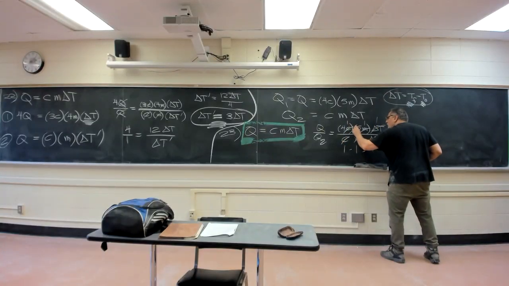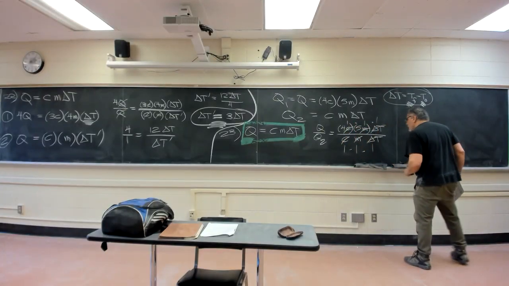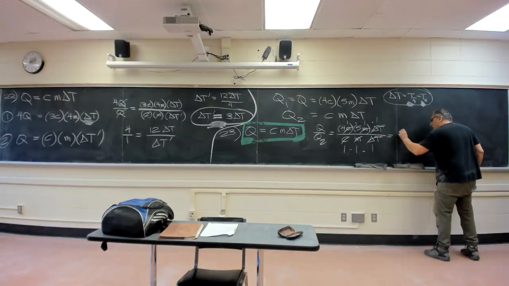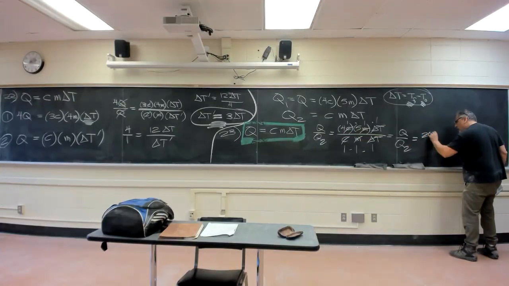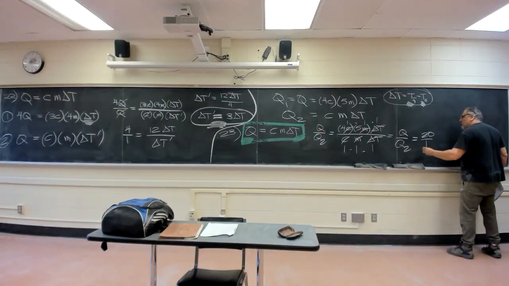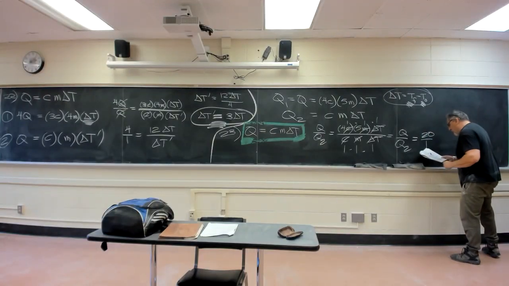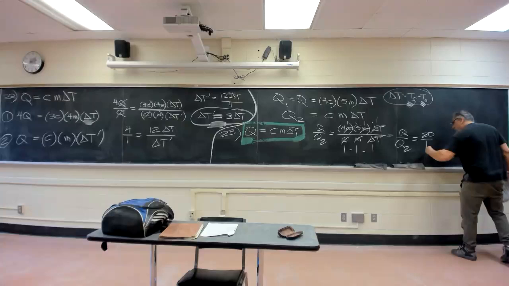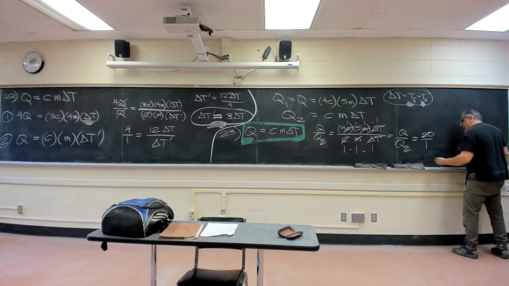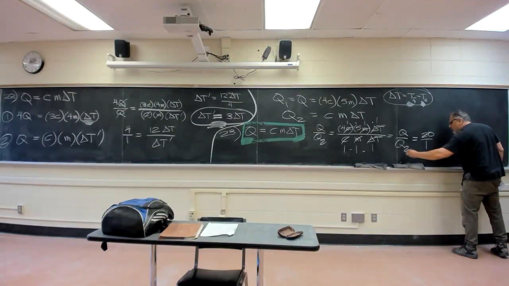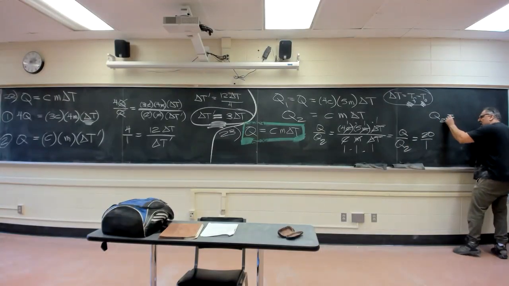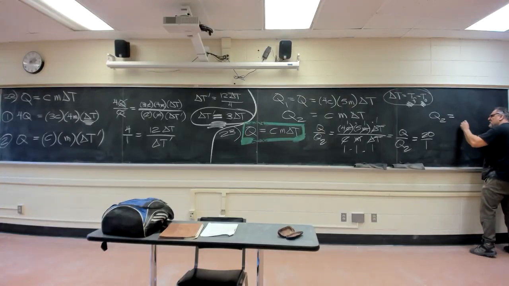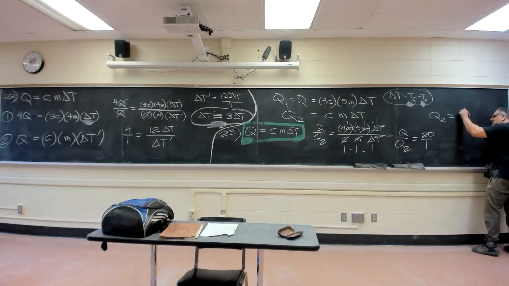Well, we know this. I mean, we all know that. Q over Q2, 4 times 5 is 20, 20 over 1. Multiplied by Q2 on each side. Well, wait a minute, maybe I don't want to do that. I want to find out what Q2 was. Let me solve for this. Let me cross multiply or do whatever I want to do. Let me multiply by Q2 on each side and then divide by 20.